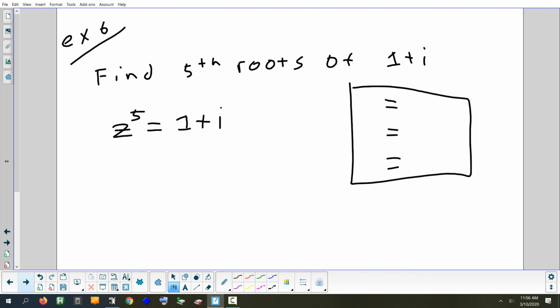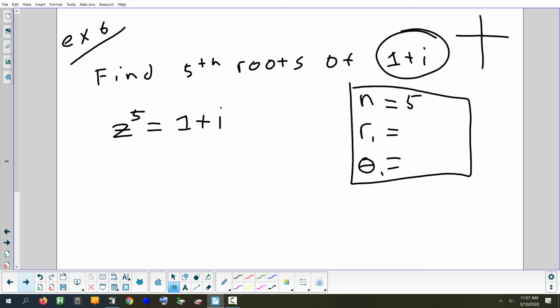The answers, the radius, and the angle. What's n in this case? 5. So you're finding a 5th root, and now r1 and theta 1 come from right there.